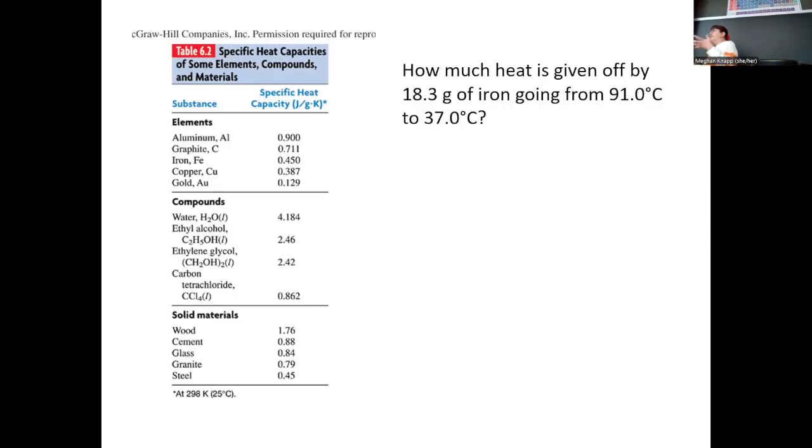So water having a high heat capacity can kind of keep things around it fairly stable. Now, if you look at the other compounds that are near it, ethyl alcohol, that's the kind of alcohol that would be in beer and wine and things like that. And then ethylene glycol, which also goes by the name antifreeze, they both end in OH.